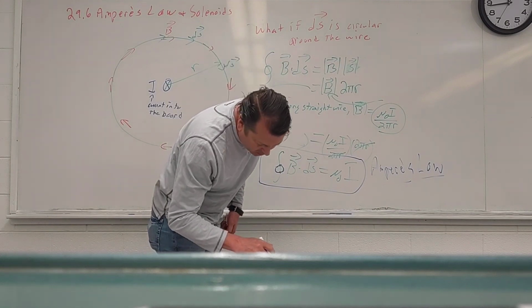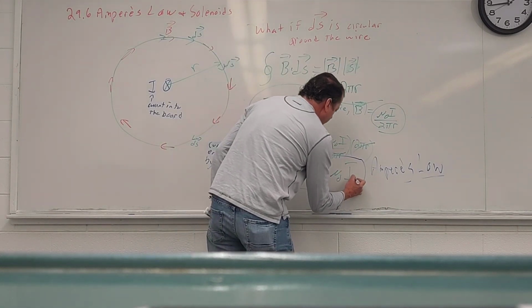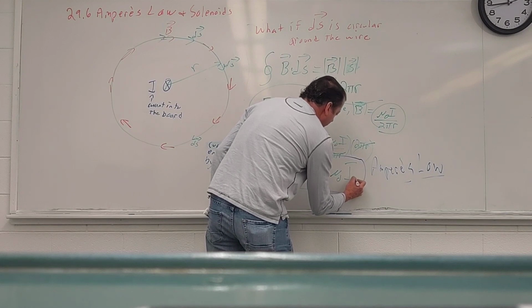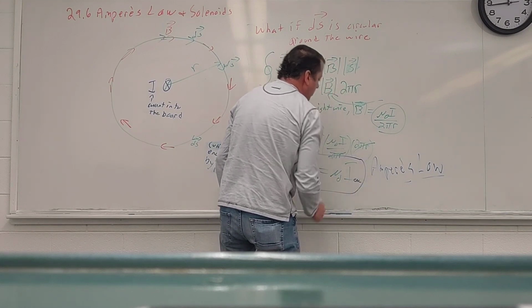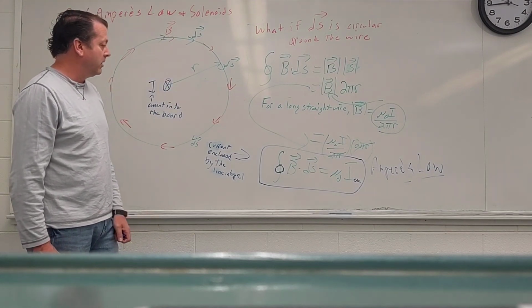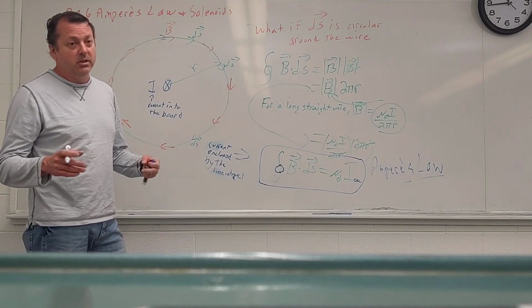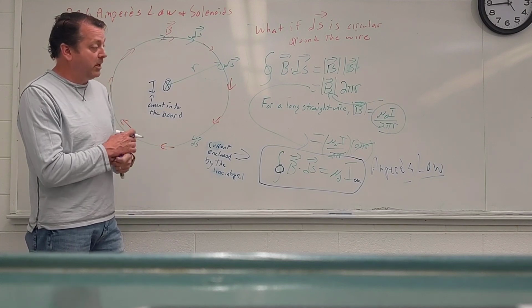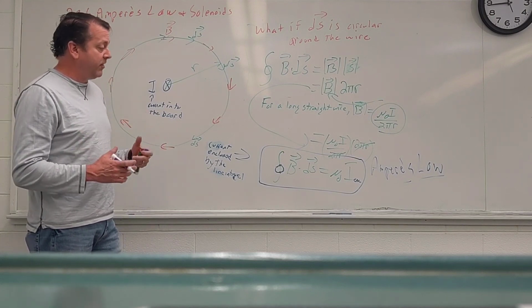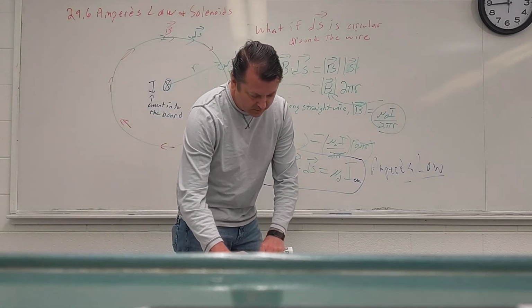I'm going to use here current enclosed, or going through, that circle that you integrate around. That's the current. And you can use this equation to help you find the magnetic field in lots of situations.